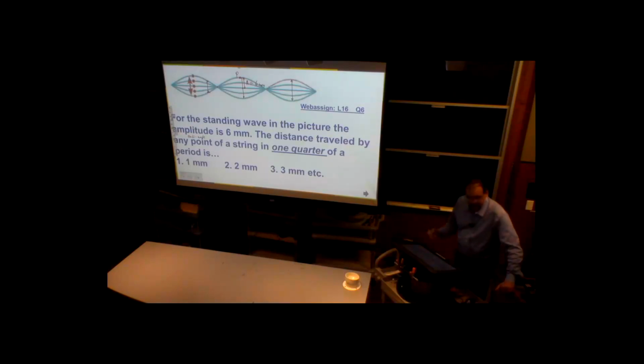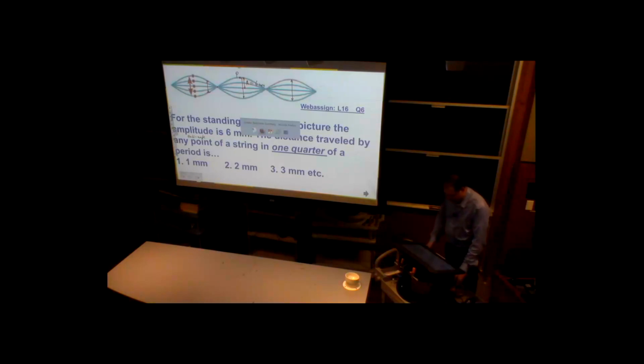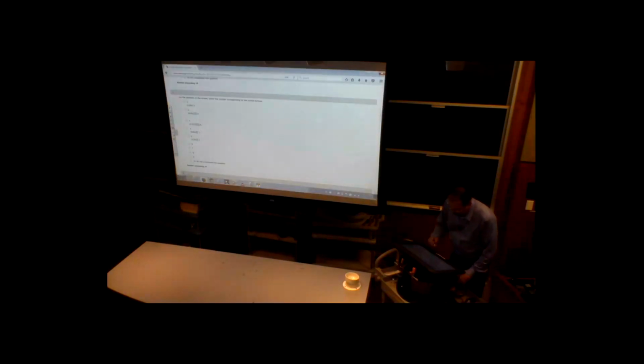That's the question. And of course, the pattern is clear. If you think it's 1 millimeter, you select 1, 2 millimeters, you select 2, etc. So by now, you should make up your mind and enter your answer. And I want to see it.